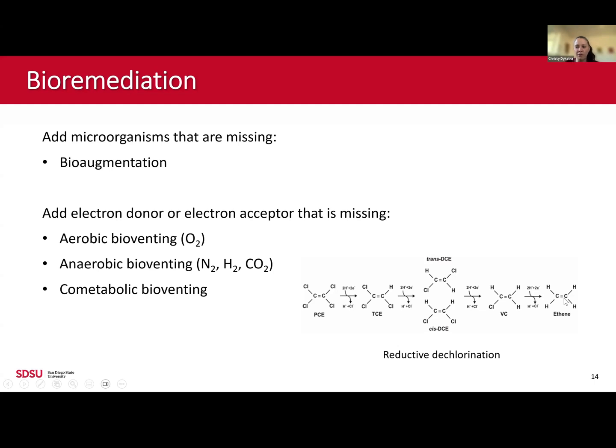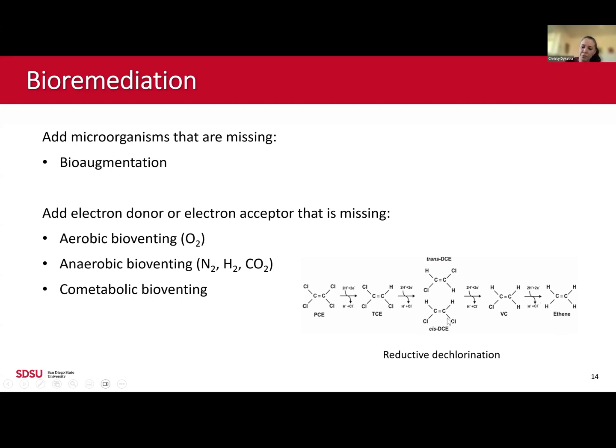And if we don't have a lot of organic material, or let's say decaying matter or other means of electrons in our soil, then we might only get 1 or 2 steps, and we might not get all the way down to ethene here.